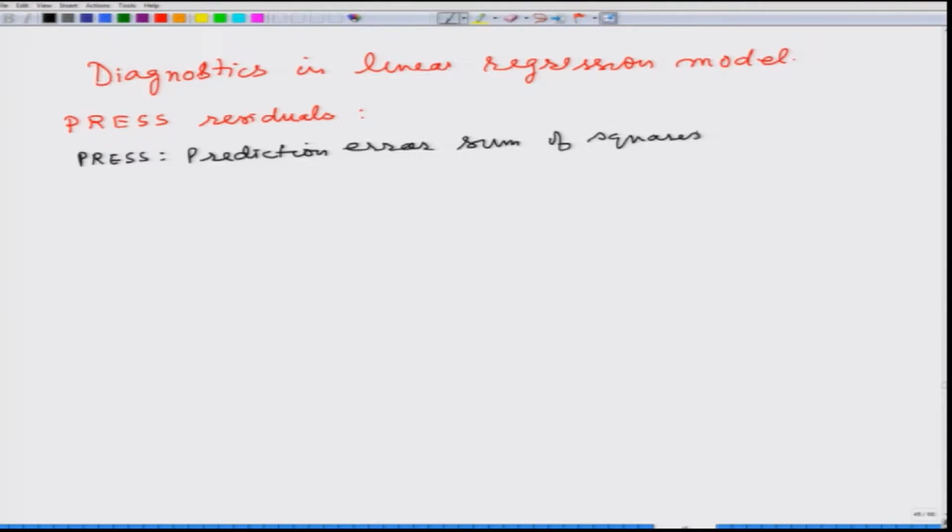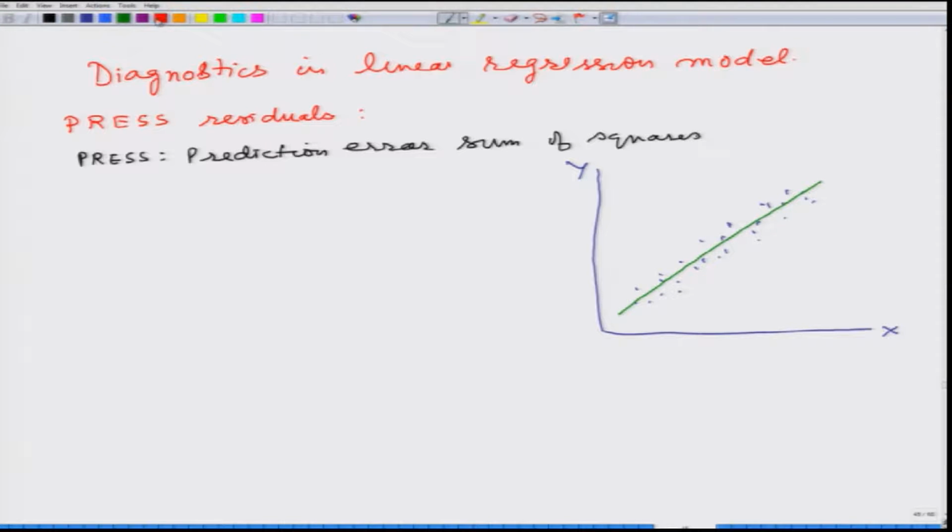Now, firstly, let us try to understand the problem with the following figure. Suppose this is my x-axis, this is my y-axis, and we have some data points like this. And here we try to fit a line like this. As long as all the points are lying close to the line, there is no issue, and the fitted regression line will be a good regression line.